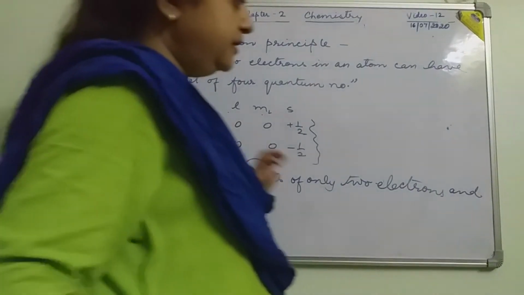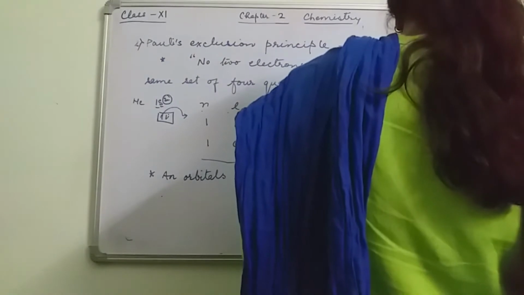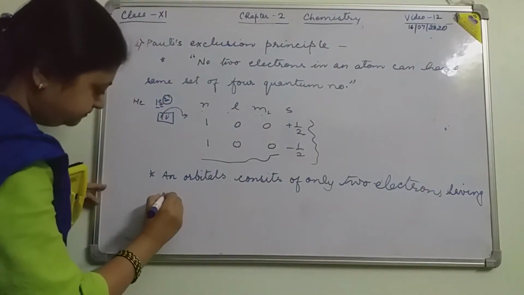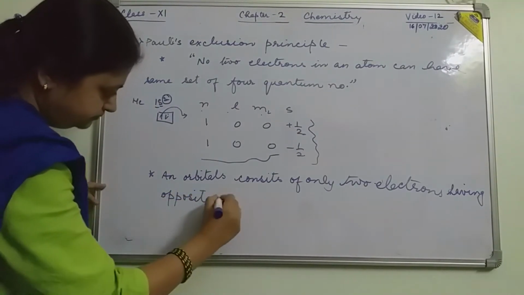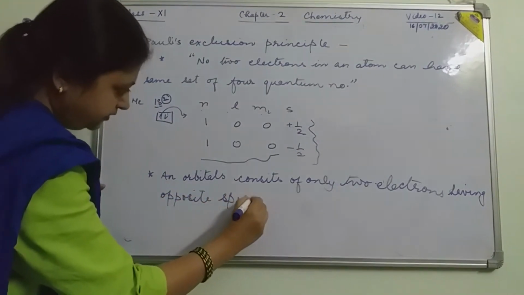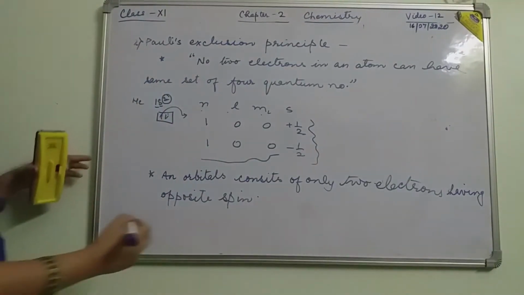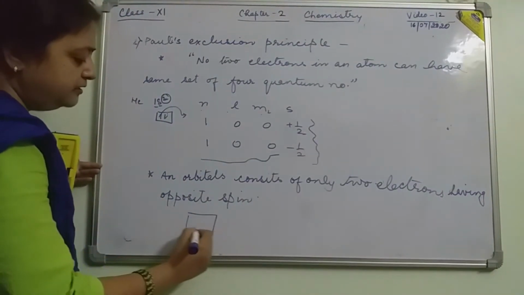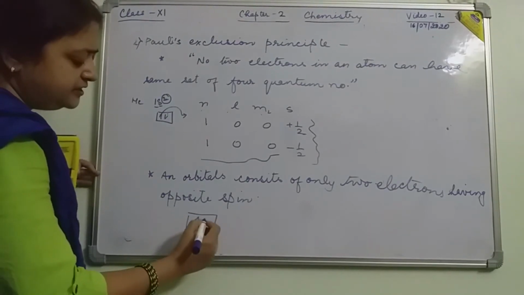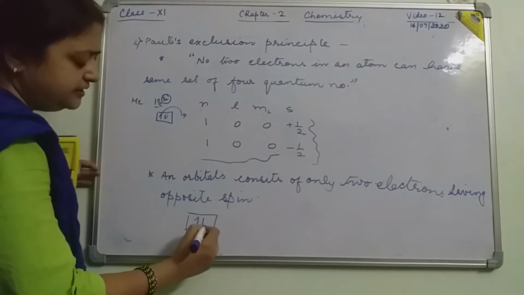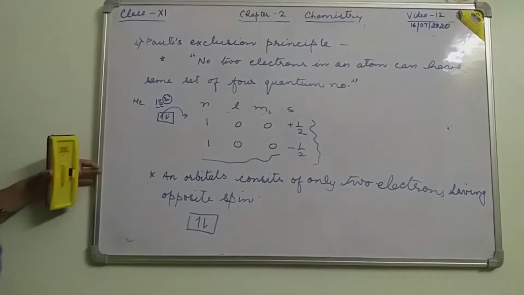We can write this as 2 electrons having opposite spin. Having opposite spin means in an orbital, one electron is in clockwise direction and the other electron is in anti-clockwise direction.